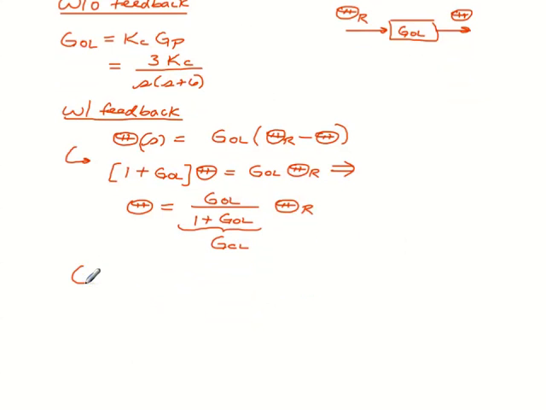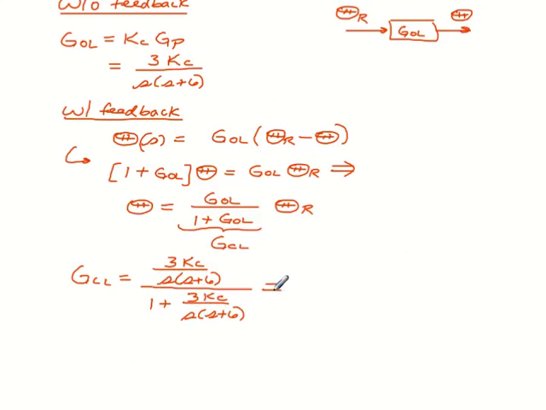So our closed loop transfer function GCL is the open loop transfer function, 3Kc divided by s times (s plus 6), divided by 1 plus the same thing, 3Kc divided by s times (s plus 6).